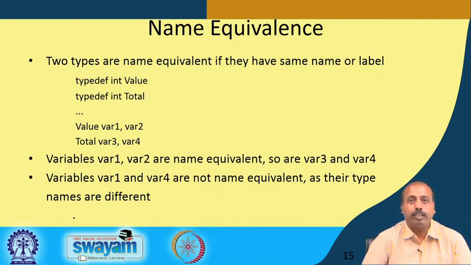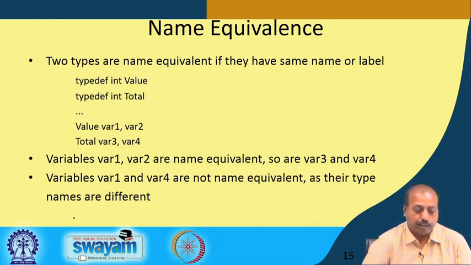Now, we have two variables var1 and var2 of type value, and var3 and var4 of type total. Variables var1 and var2 are name equivalent, and similarly var3 and var4 are also name equivalent.